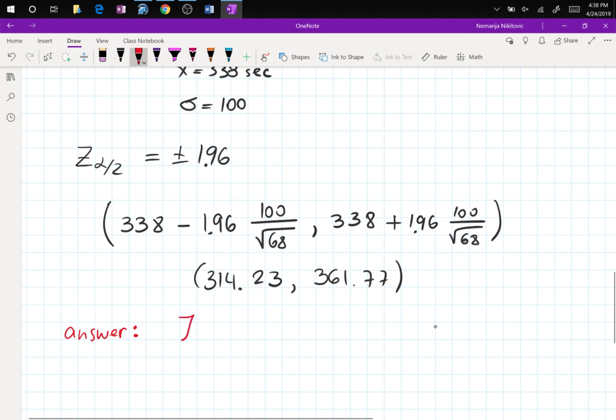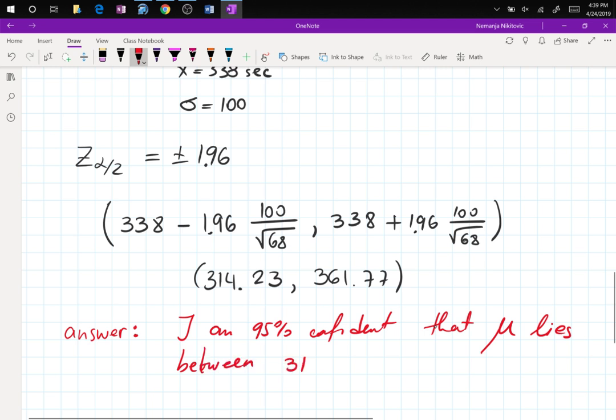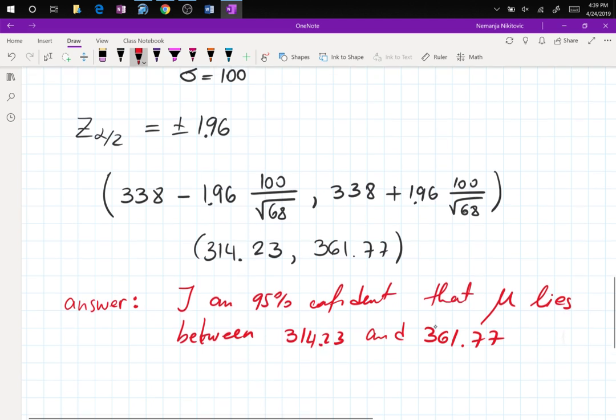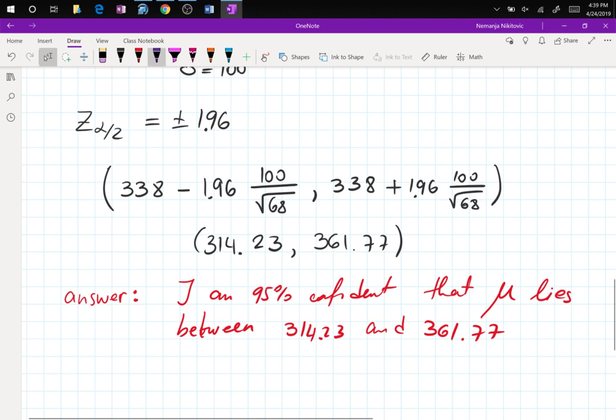You say, I am 95% confident that mu lies between 314.23 and 361.77. So this is what we have as an answer.